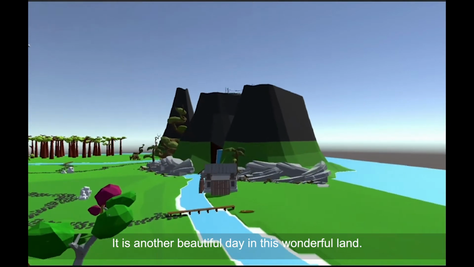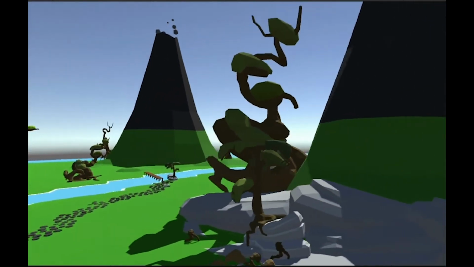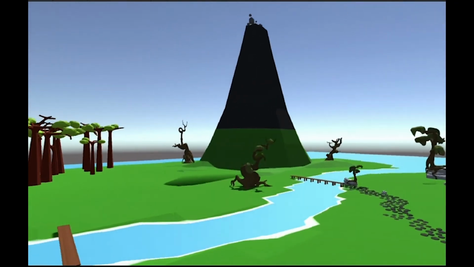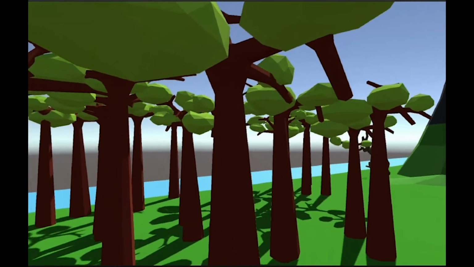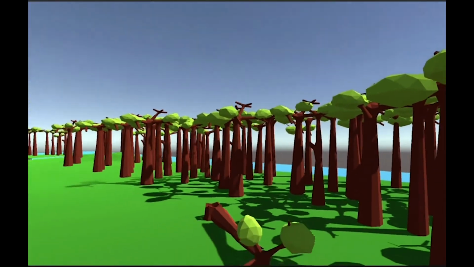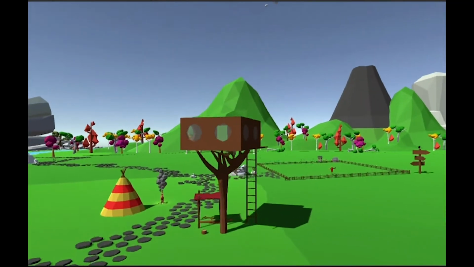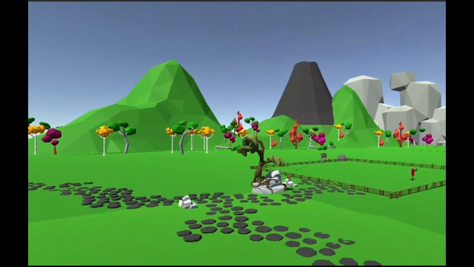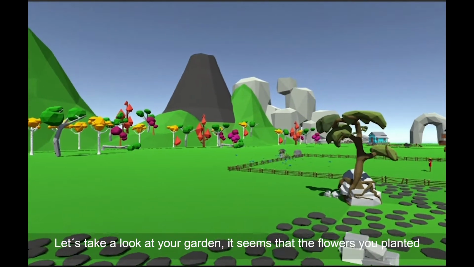It's another beautiful day in this wonderful land. It's perfect for walking around. Let's take a look at your garden.